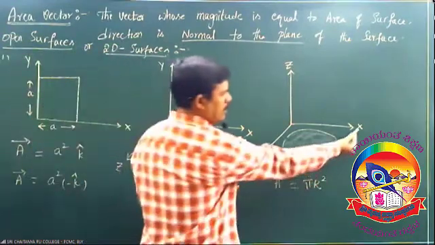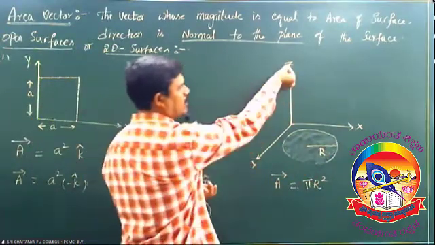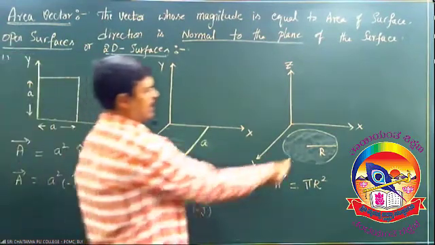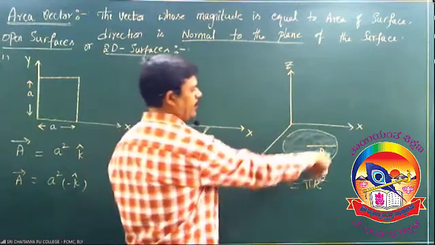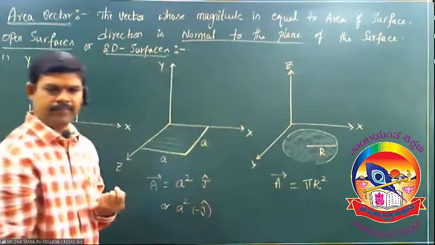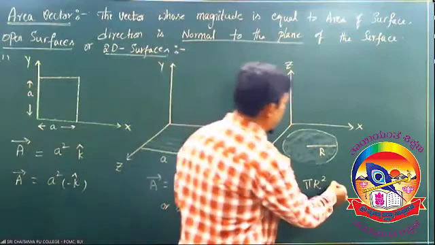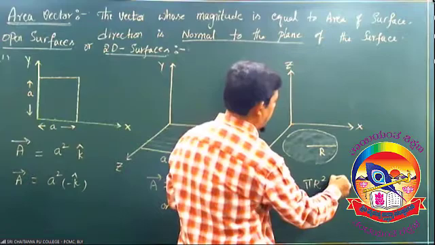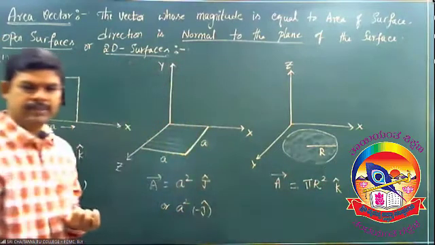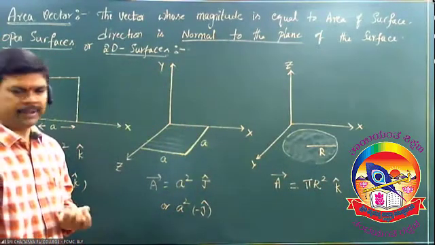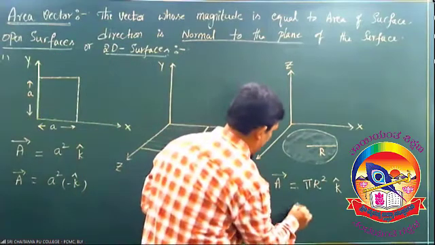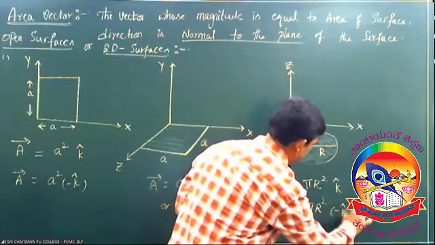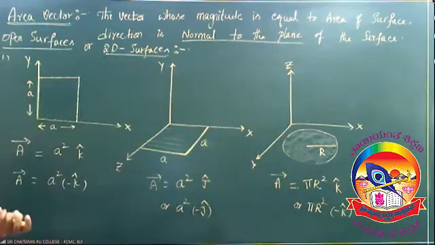Here I take X, Y, Z. It is in the XY plane, so along the Z direction. So K cap. Or you can even write pi r square minus K cap like this. Okay.